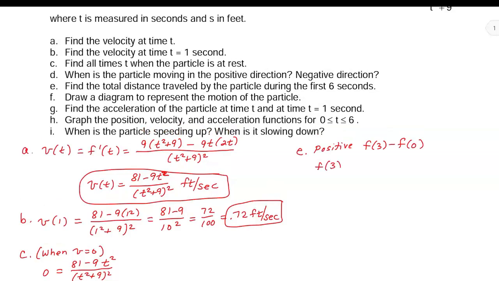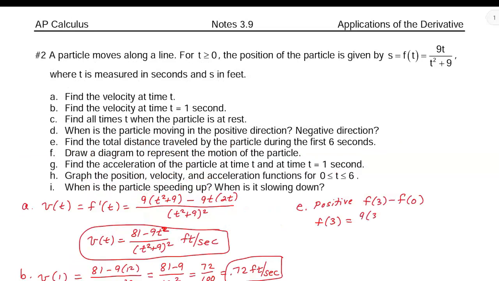F of 3 is going to be 9 times 3 over 3 squared plus 9. 27 over 18 is 1.5. F of 0 is going to be 0. So 1.5 minus 0 is 1.5. And that is a unit of feet.